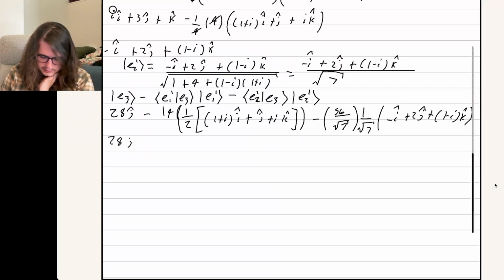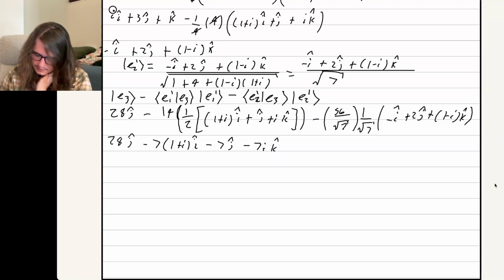So simplifying this, the 14 over 2 is just 7. So we have this times 1 plus i hat minus 7j hat minus 7i k hat. 56 over 7 is 8.